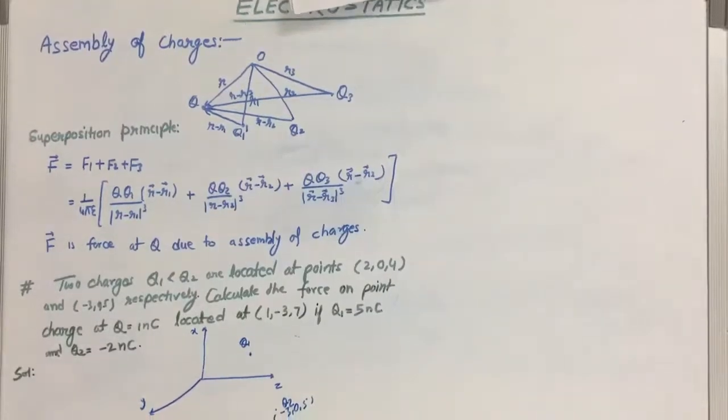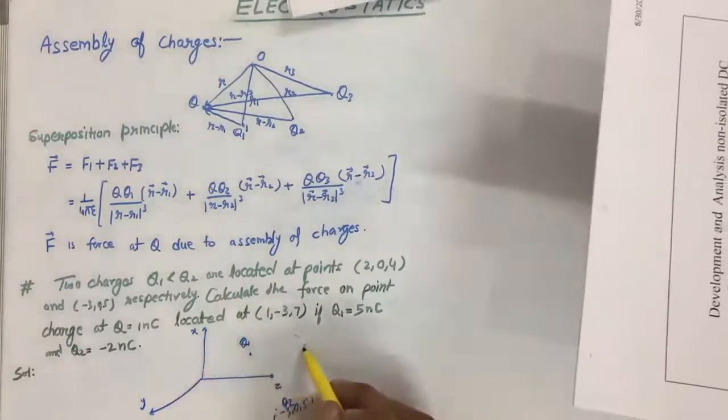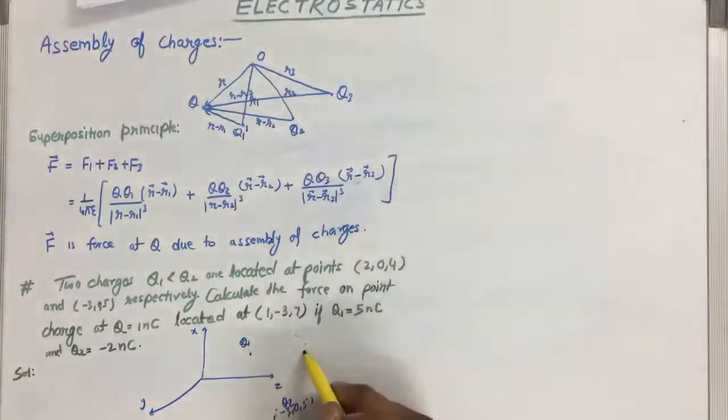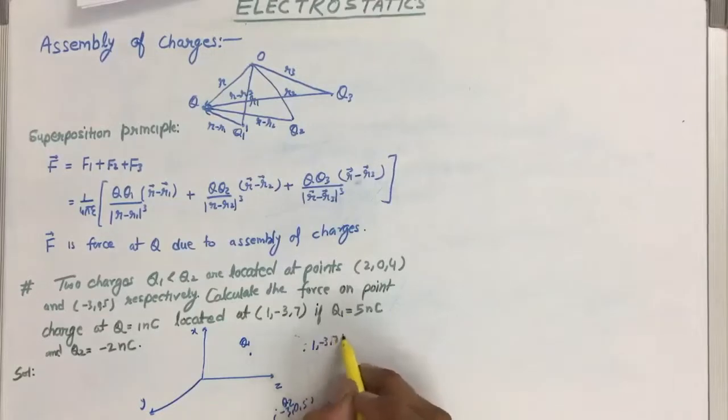And third point, that is point of interest at which we have to find the force, located at x is equal to 1, y is equal to minus 3, and z is equal to 7. Somewhere you can say here. Okay, 1, minus 3, 7. Visualize this in 3D, then you can recognize the exact location.